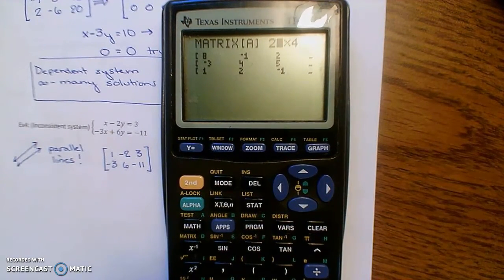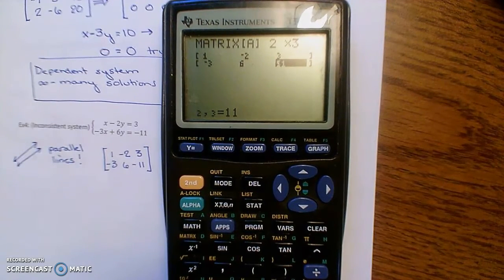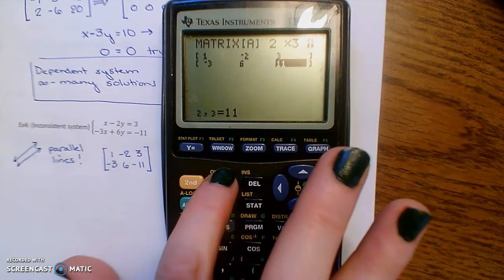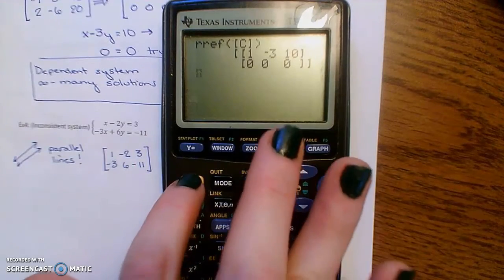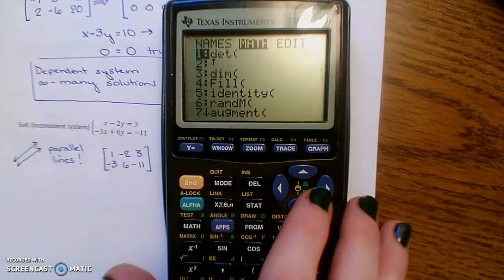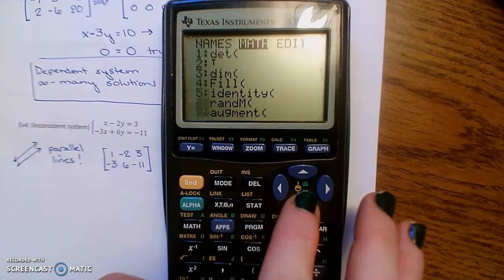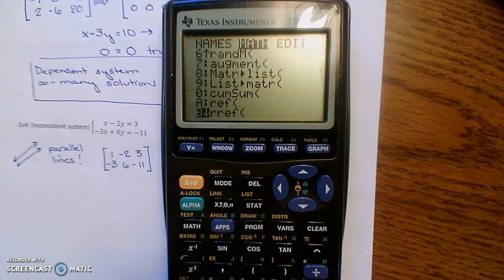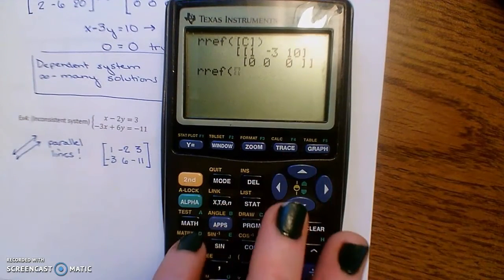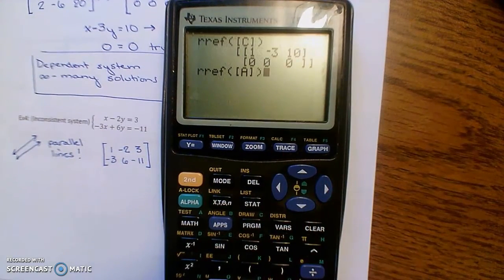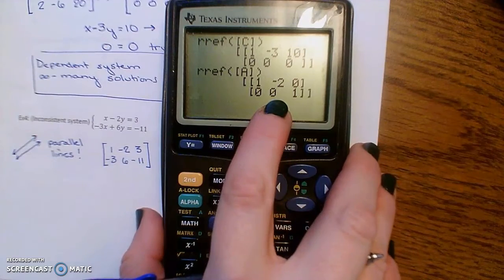This is a 2 by 3 matrix, 2 rows, 3 columns: 1, negative 2, 3, negative 3, 6, 11. Let's exit out and then go back to the matrix menu, find the math operation RREF, and I will plop the matrix A right in there. And here's what I get.